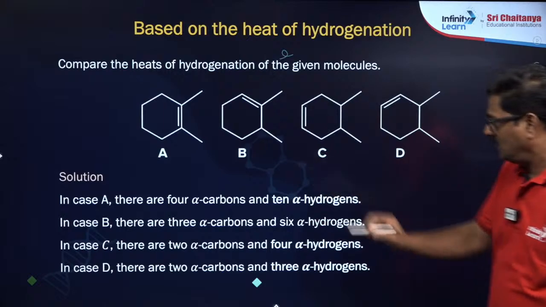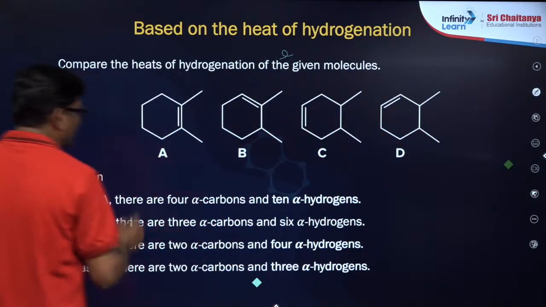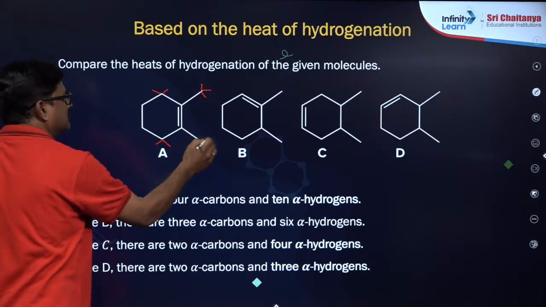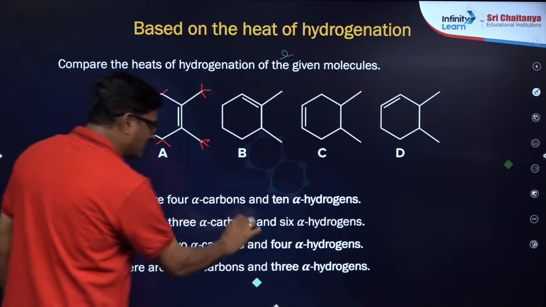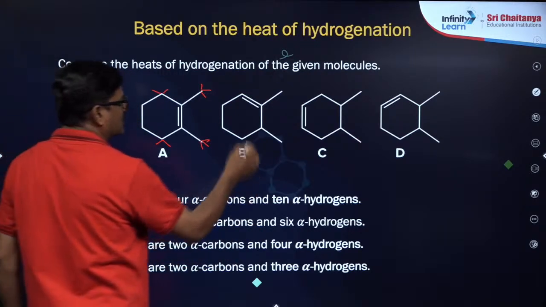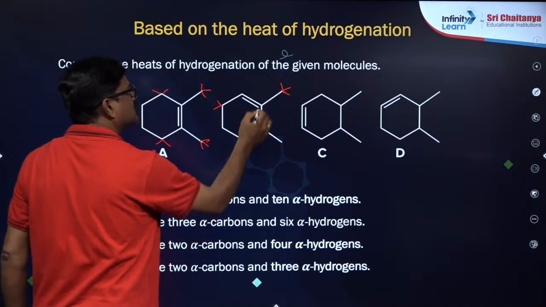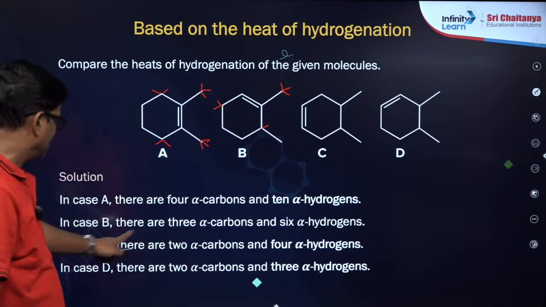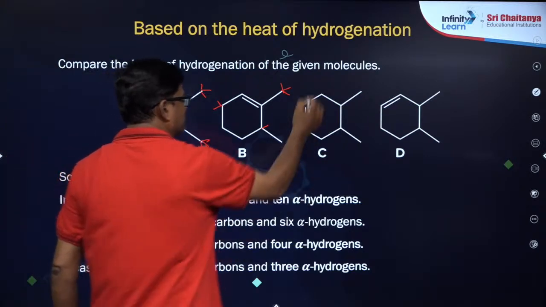Now, in case of A, there are 4 alpha carbons and 10 alpha hydrogens like this. In case of B, there are 3 alpha carbons and 6 alpha hydrogens. In case of C, there are 2 alpha carbons and 4 alpha hydrogens.